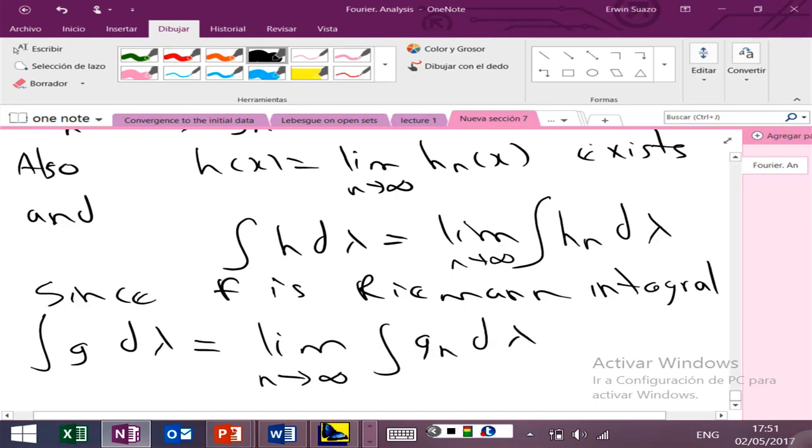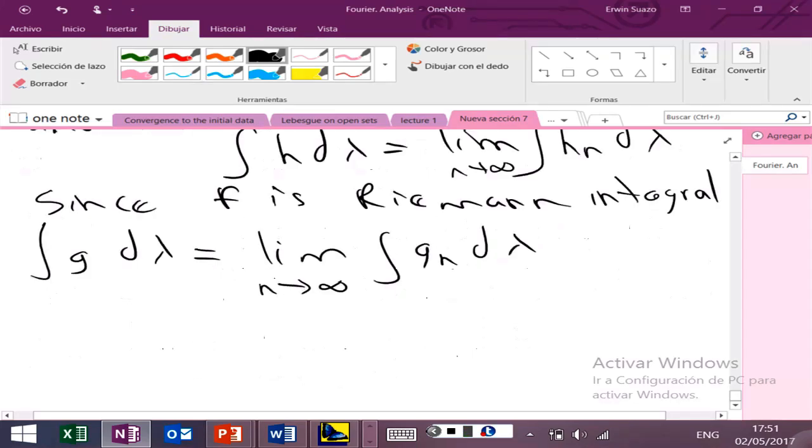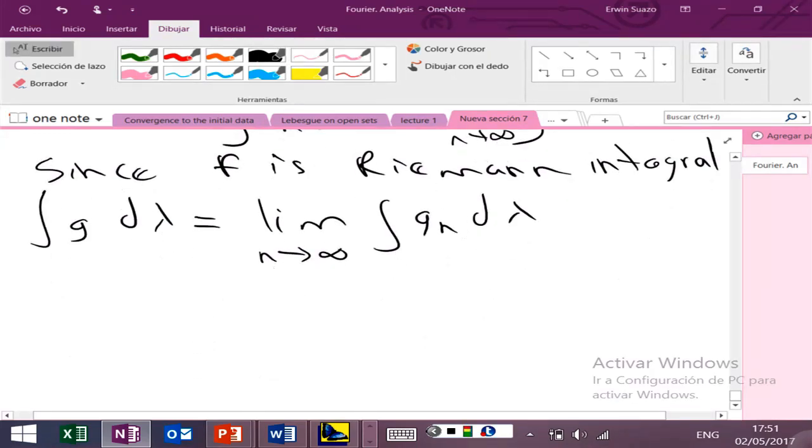So I haven't done anything new, but I have step functions. These step functions will agree as Riemann integrals because they are step functions.